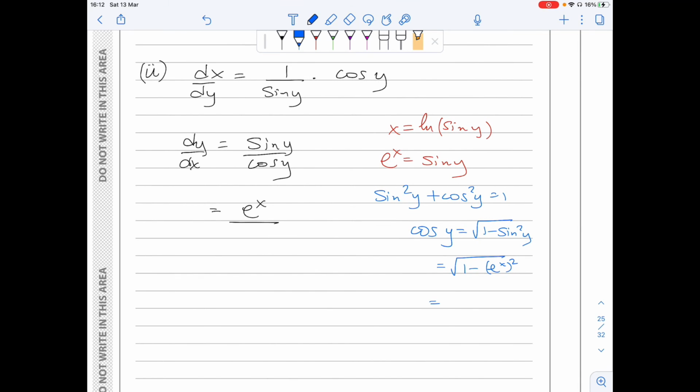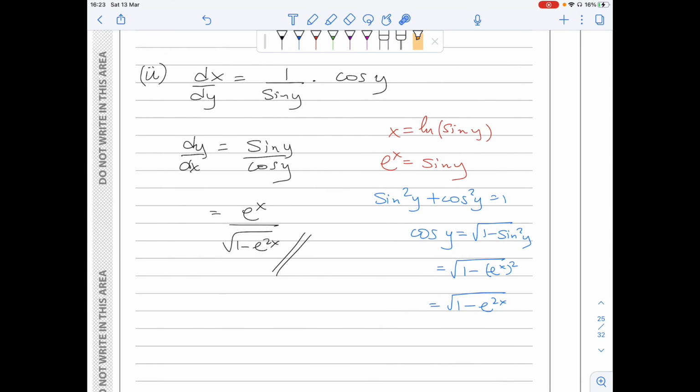I can write this as the square root of 1 - e^(2x), and that is my denominator. The reason that I have kept the positive square root here is that y is between 0 and pi/2. That is, it is in the first quadrant, so cos y is positive.